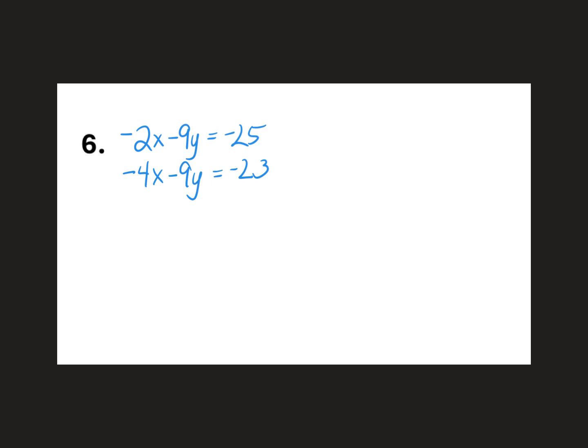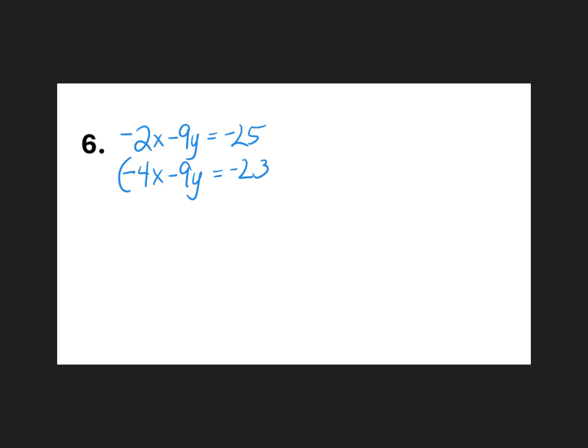When I do this, I am going to look for coefficients that might already be the same. So as I look at this, I see these two are already the same. But I want them to be the same but opposites of each other. They are actually the same. So I want one to be positive and one to be negative. And you can choose whichever one you want to be positive.